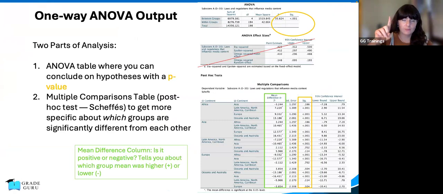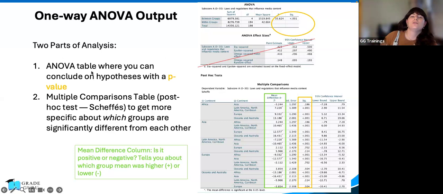That's number one. But it doesn't tell you specifically between which groups there is a significant difference. So if you have 4 categories, it's like, yeah, there's a significant difference there. And you're like, cool, where? That's what the second part is for, the multiple comparisons table.